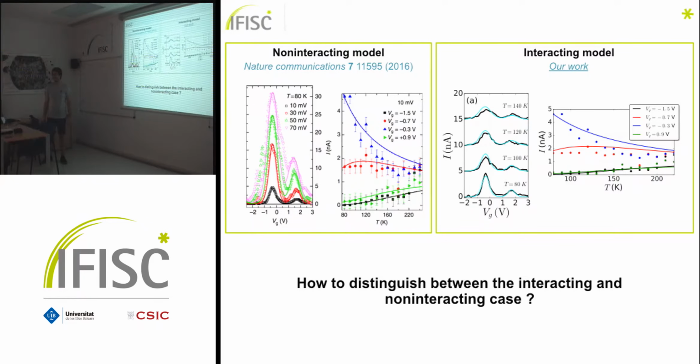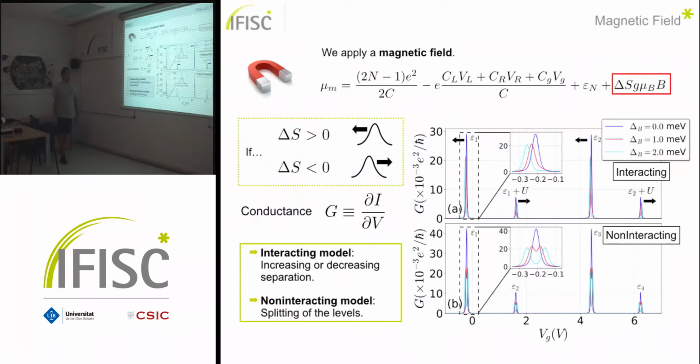We can apply a magnetic field B, and depending on the change of spin between one level and the next one, the resonance will move to one side or the other. So if we have an interacting model, what we find is one level will go to the right and the other level to the left, and the other peaks will do the same.